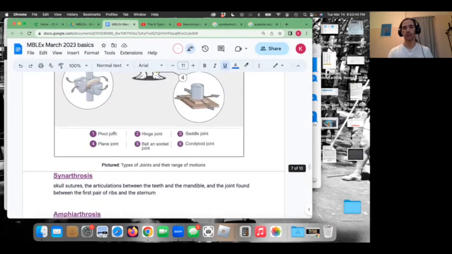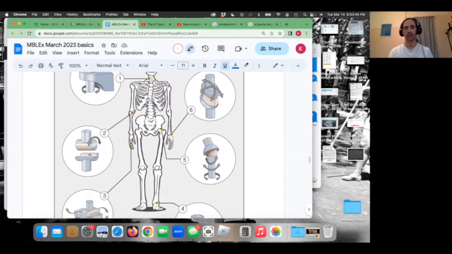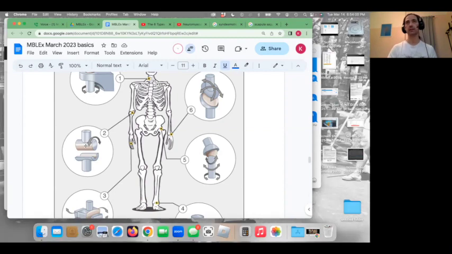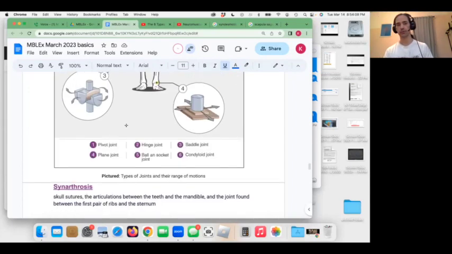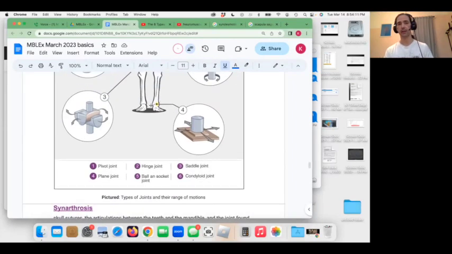Okay, so now let's take a look at the hinge joints. We find hinge joints in the elbow and in the knee, and in the ankle, between the tibia and the talus. The hinge joints are the ones mainly where we need to do flexion and extension. So elbow flexion and extension, knee flexion and extension, and then dorsiflexion and plantar flexion at the ankle.